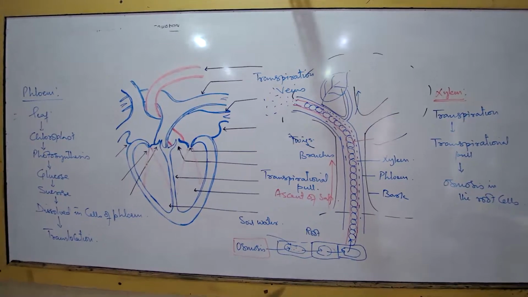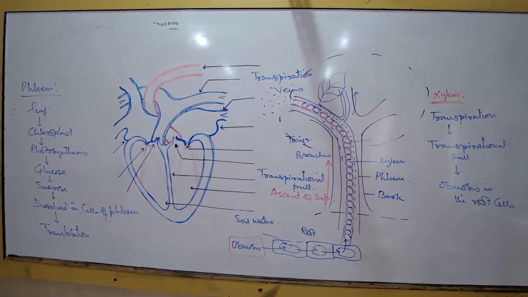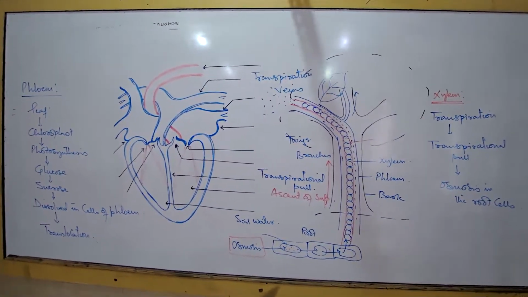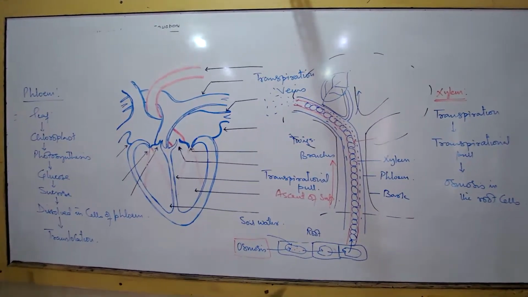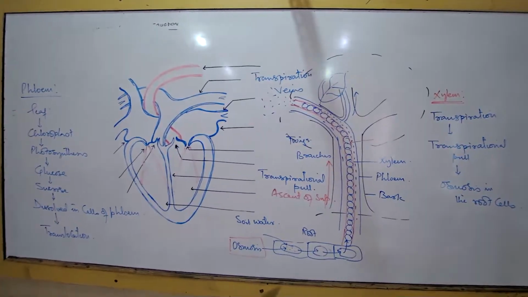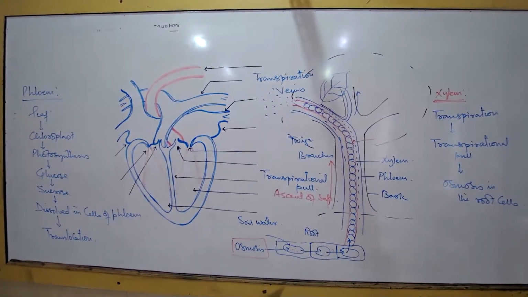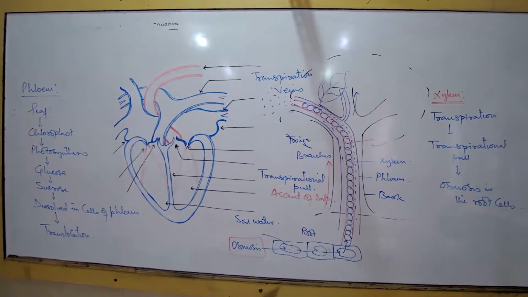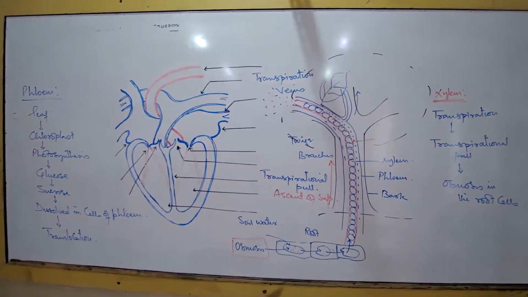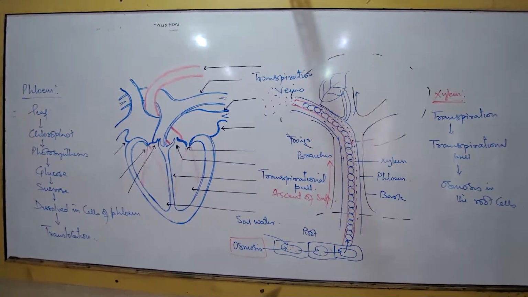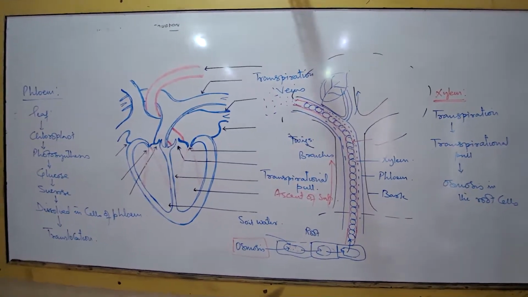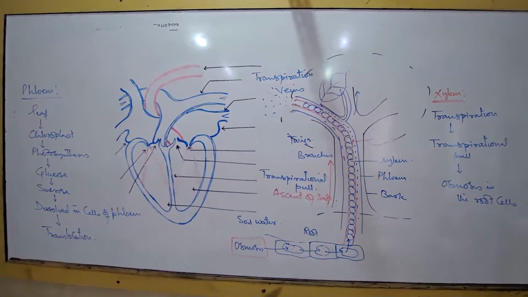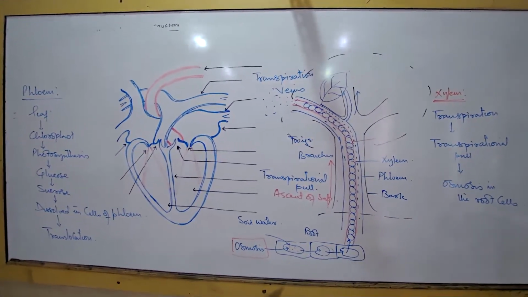Next point. The phloem consists of sieve tubes, companion cells, phloem parenchyma, and phloem fibers.